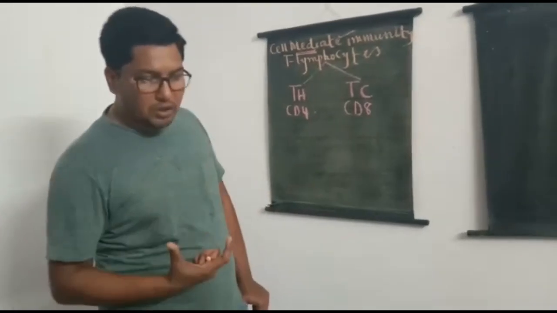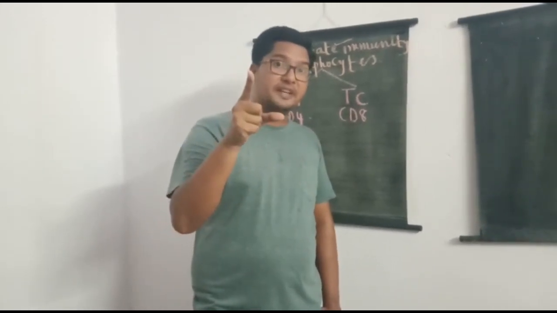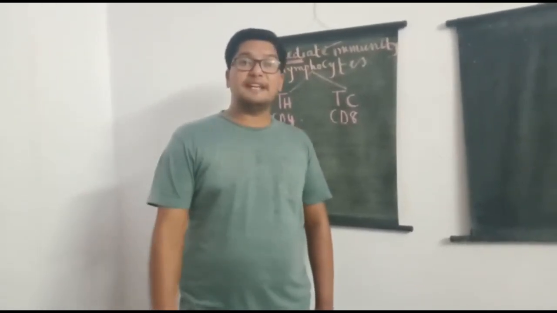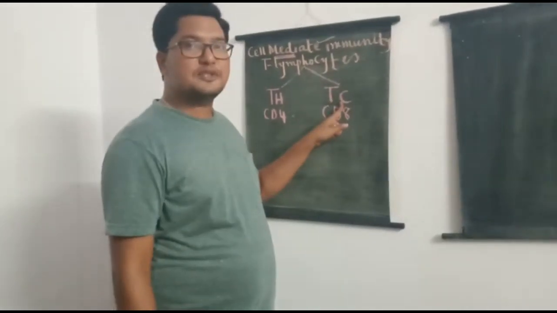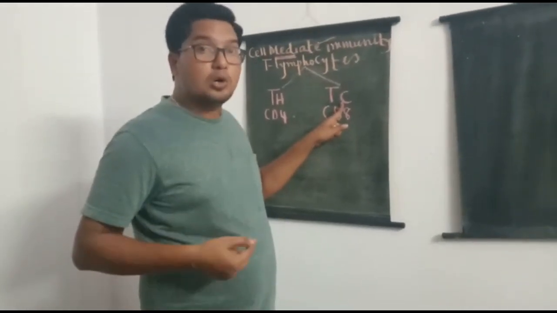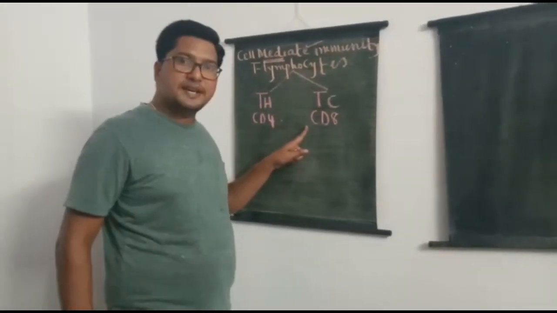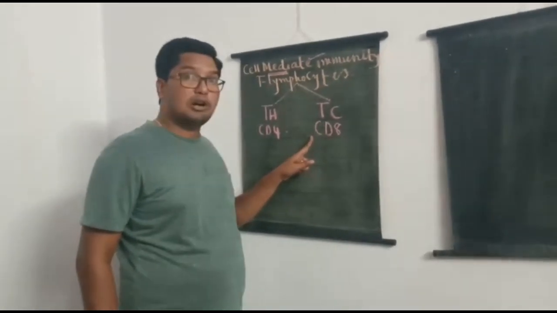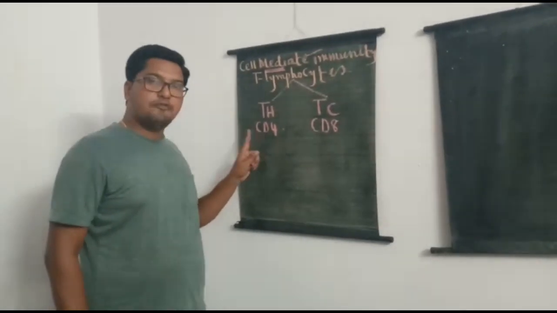Just imagine, in our body, in any tissue, if very few cells are subjected to viral infection and these viral infected cells are lysed or destroyed in a process called cytolysis, and it is ultimately done by whom? TC cells. That's why they are called cytotoxic or cytolytic T lymphocytes. On their surface, which type of receptor is present? CD8 receptor is present. That's why they are called CD8 cells, and T helper cells are called CD4 cells.